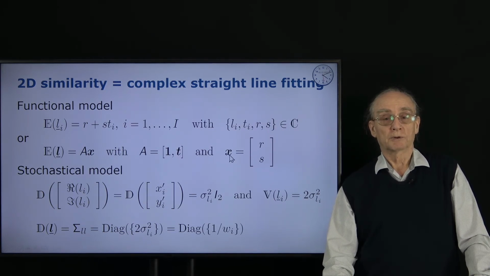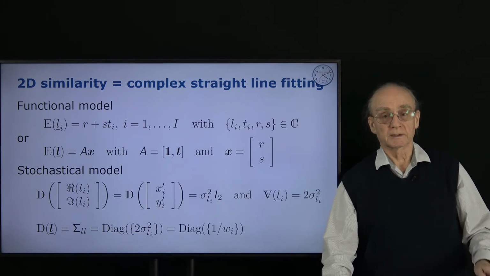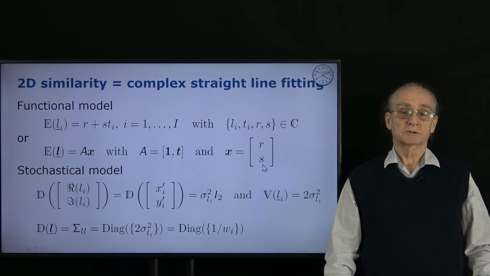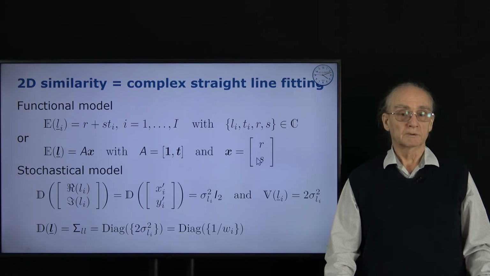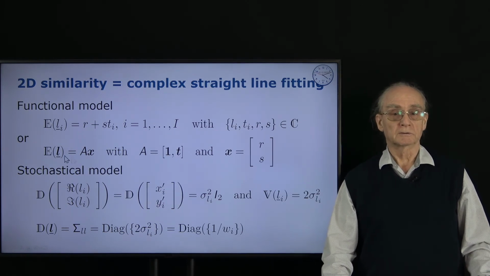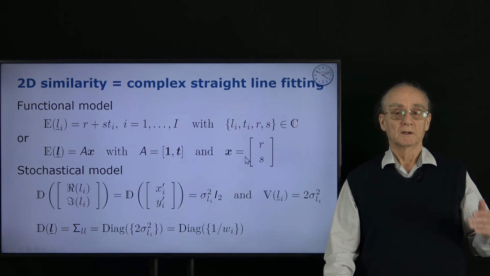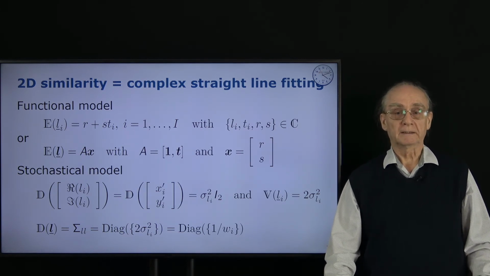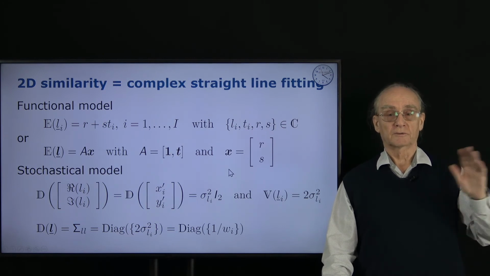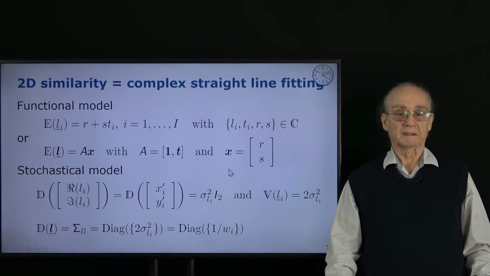And our unknown parameters are the translation r as a complex number, or translation in x or y direction, and s, which is the scaled rotation, represented as a complex number. So we have a very simple relation and transformation between the line fitting in classical manner in the plane, and here the transformation, the similarity between two planes.